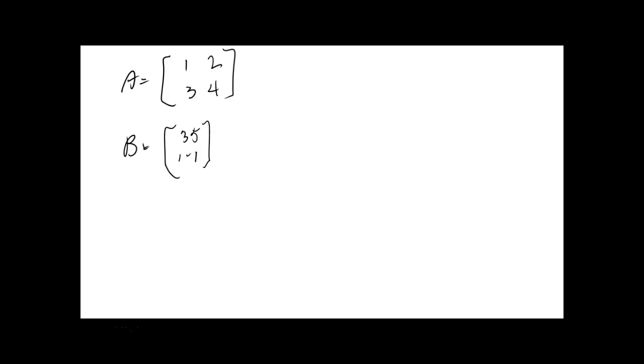Now it says to calculate a few things here. The first is AB transpose. So the first thing you got to do is write down what AB is. So let's do AB. So let's multiply A by B, which is 3, 5, 1, minus 1. Okay? This will be AB.